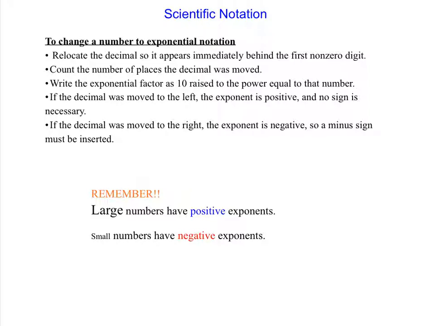But what we want to do, if you're changing this to scientific or exponential notation, same exact thing. We always need to have our decimal be behind the first non-zero digit. In other words, it needs to be a coefficient.